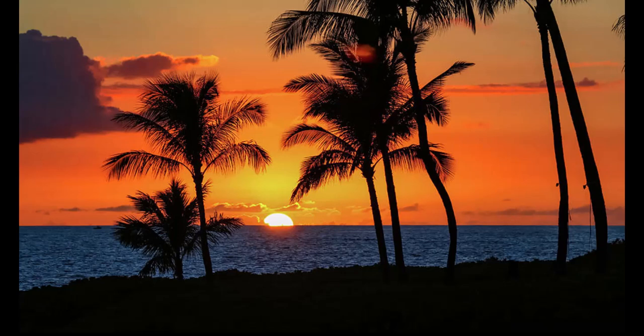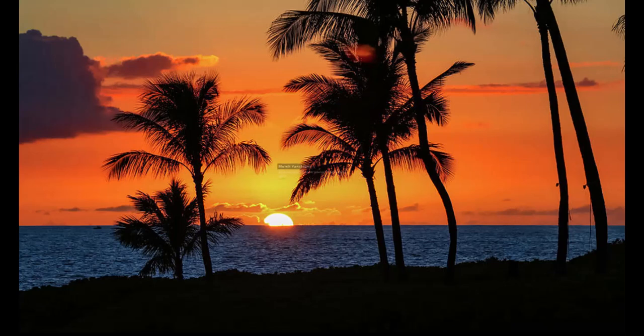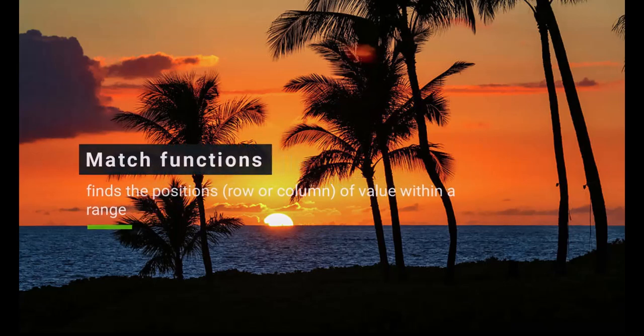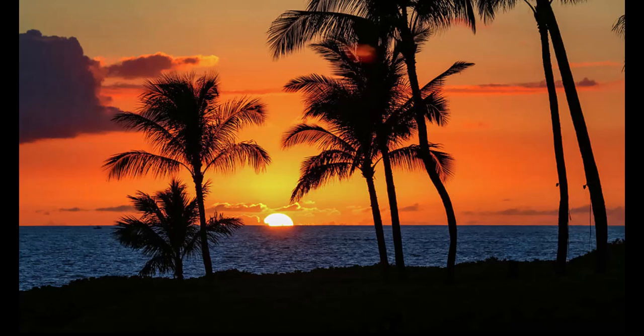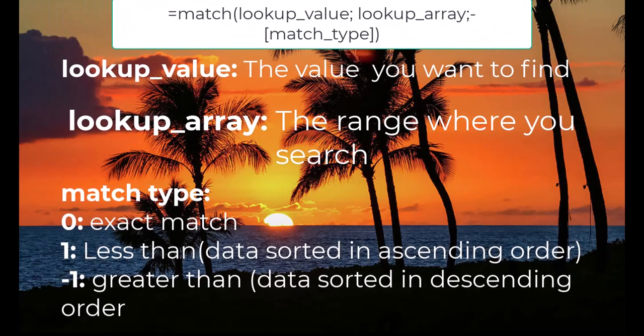Now we will look at the MATCH function. The MATCH function finds the position, of a row or column or value, within a range. We have the formula of the MATCH function. Write MATCH, open the parentheses, the lookup value refers to the value you want to find.